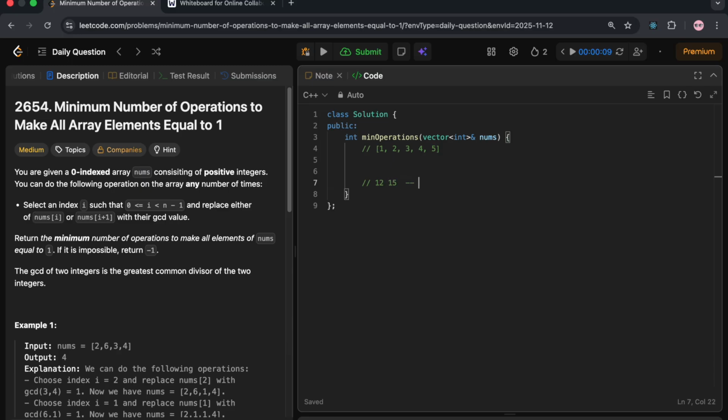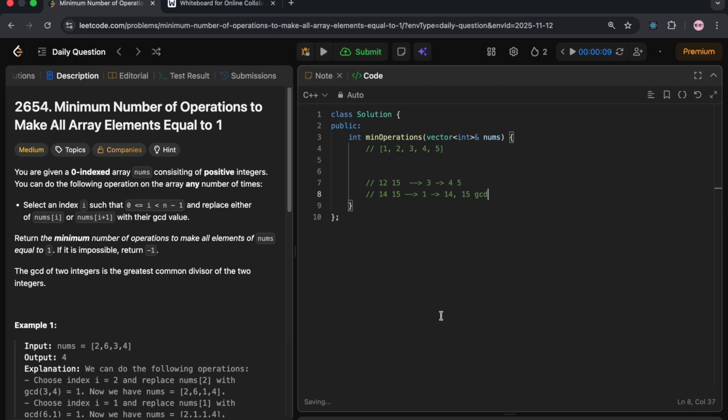Which is the greatest number which divides both? That is 3, since 3 times 4 is 12 and 3 times 5 is 15. If it is 14 and 15, the greatest divisor will be 1, since they are 14 and 15. So this is GCD.